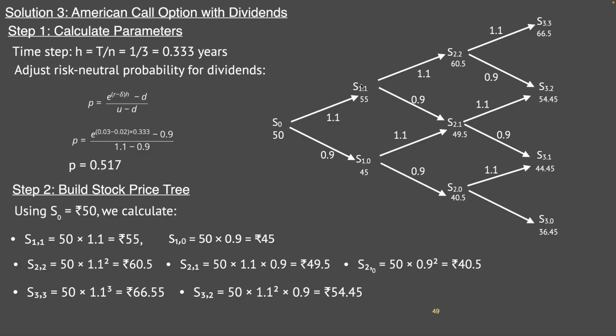Coming from here to here, 50 into 1.1 into 0.9 gives 49.5. To come to this step, it is 50 into 0.9, which becomes 45. If you want to come here through this route, it is 50 into 0.9 into 1.1, which gives you 49.5, and so on. This has all been calculated here. You can verify these two that I have explained now.